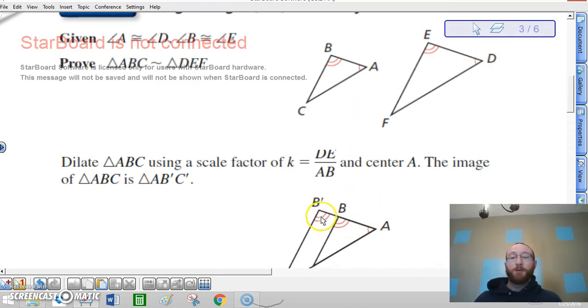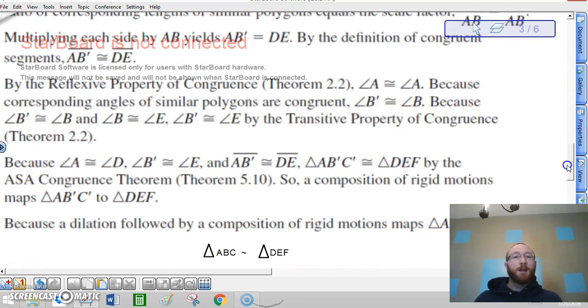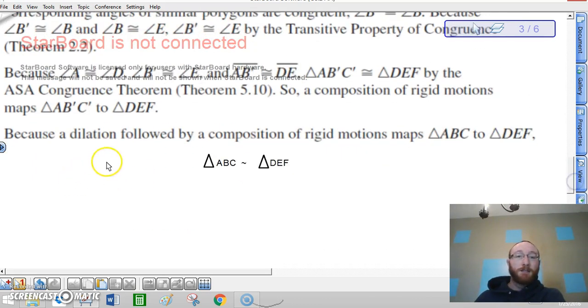B prime is congruent to B, which is congruent to E. So with that, and using the reflexive side, I can now show that the triangles are congruent by angle-side-angle. So we use a composition of rigid motions to map A prime B prime C prime to DEF. And since a dilation followed by a composition of rigid motions maps the triangles to each other, we can say triangle ABC is similar to triangle DEF.